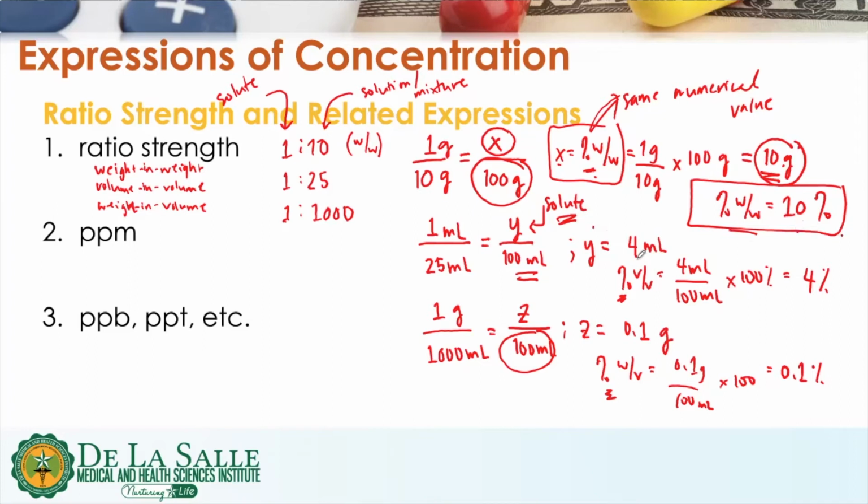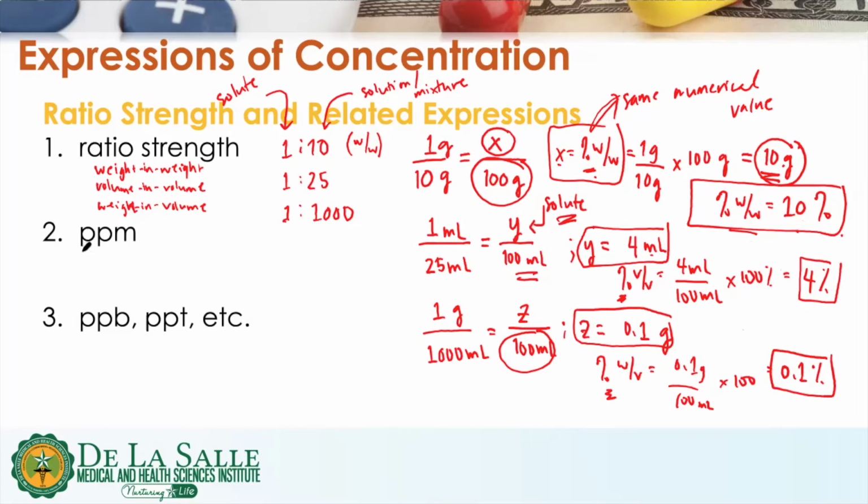Over here, the volume of the solute is 4 milliliters, and the percentage by volume is equal to 4%. Over here, the weight of the solute in 1000 milliliters of the solvent is equal to 0.1 gram, and the percentage weight in volume is equal to 0.1%.